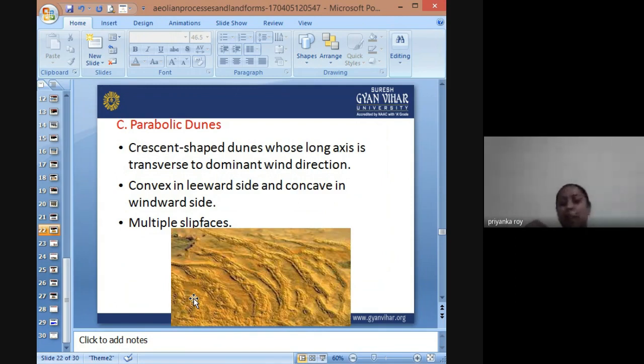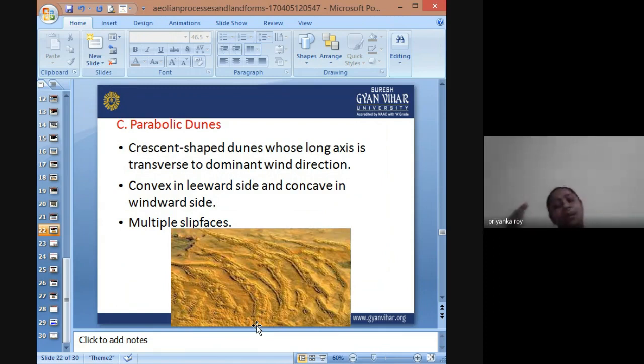All right. Now concave in the leeward side and convex in the windward side. So by the shape of the dunes, you can understand where the wind is blowing. Suppose you go out in the field and want to know the direction of the wind. In an arid region, in a desert region, you can just look at the land features and find out where the prevailing or dominant wind is blowing throughout the year.